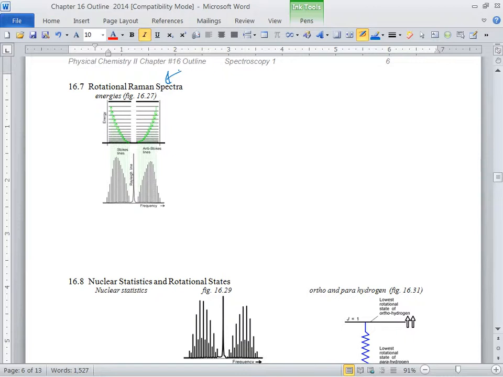Yes, anisotropic polarizability. Okay, so what did that mean? It's supposed to be more general, that you can polarize in different regions. Exactly. You can polarize that molecule differently in different regions of the molecule, and then it'll exhibit Raman spectroscopy.